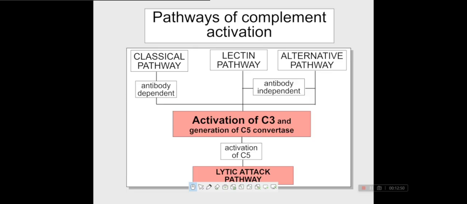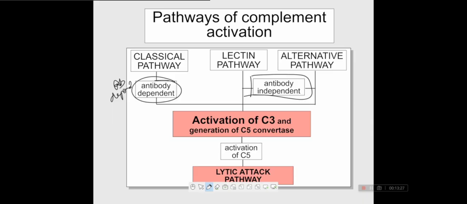The classical pathway is antibody dependent, and the lectin and alternative pathways are antibody independent. Remember this, it is very important: the classical pathway is the antibody-dependent pathway, and the lectin and alternative pathways are antibody independent.